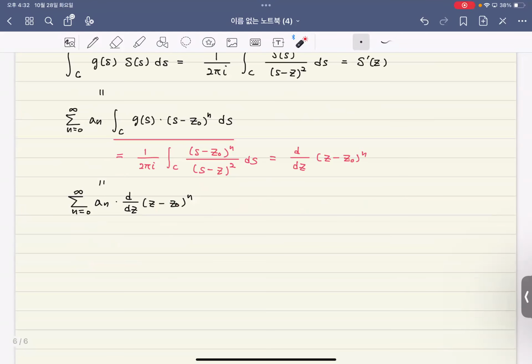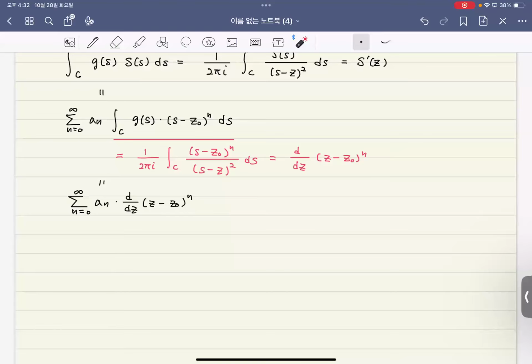Okay, so now we know, because of the geometric series, that this geometric series is converging to this guy.